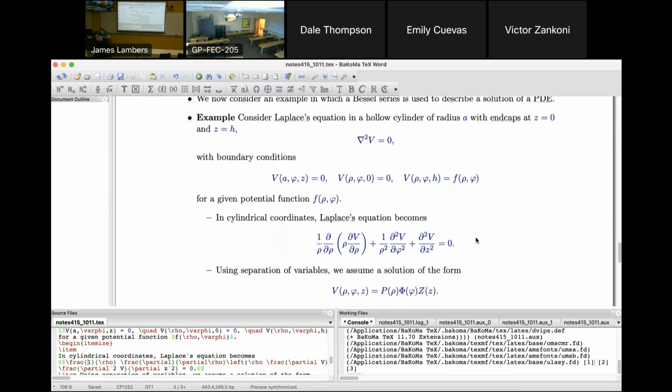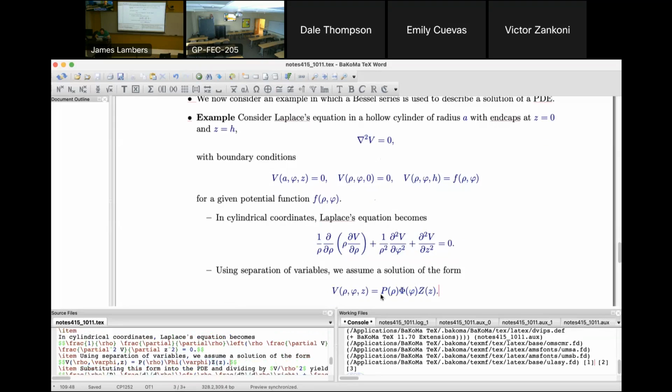Okay. Now, how we solve a PDE like this using separation of variables, what we do is we assume the solution has this form. It's a function of rho times a function of phi times a function of z. And what you do is you substitute this form for v in the PDE. So what you end up doing is each one of these differentiation operators is taking the derivative of only one of these at a time.